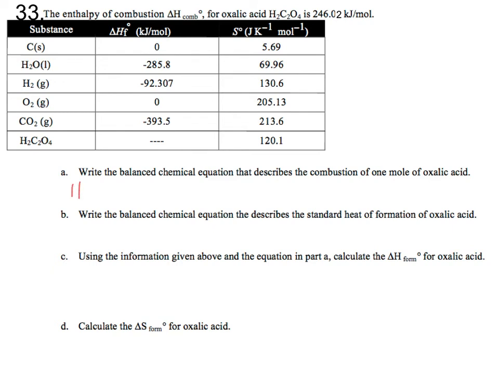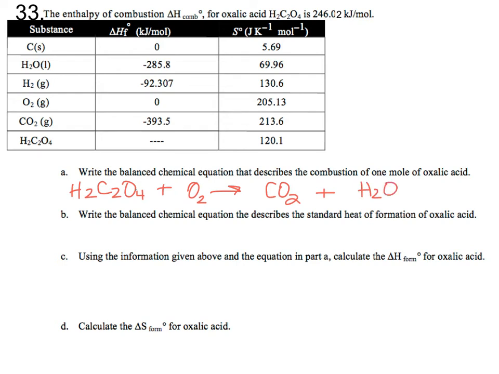So oxalic acid, H2C2O4, is going to, that plus sign is so ugly. Oh, it's a 4. See, I didn't even know it was a 4. I thought it was a plus. Plus O2, and we know that whenever we combust, we make CO2 plus H2O.